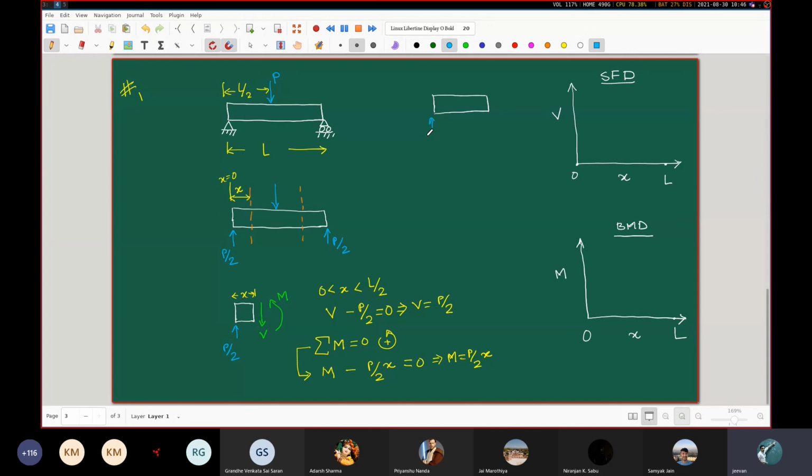You have the P by 2 here. You also have the P force present here. This entire distance is x. This is L by 2. Furthermore, you will also again have a V here and an M here.